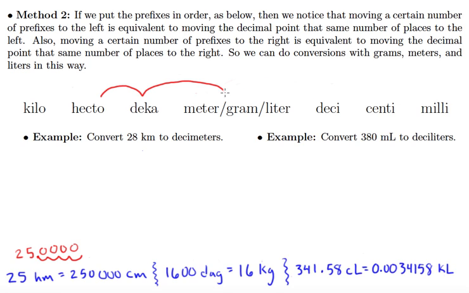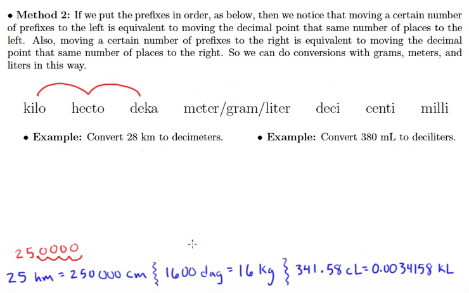Let me just erase this though so that things don't get too cumbersome up here. Okay, so let's take a look at 1,600 decagrams turning into 16 kilograms. Well, deca is right here. Kilo is 2 to the left, so that means I would have to go 2 to the left in the chart to get from deca to kilo.